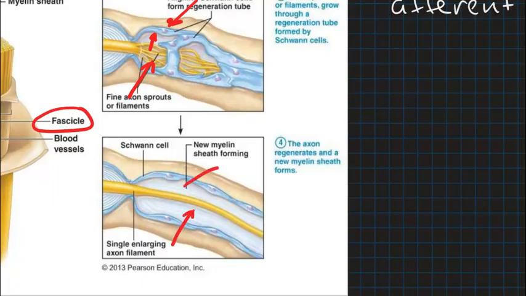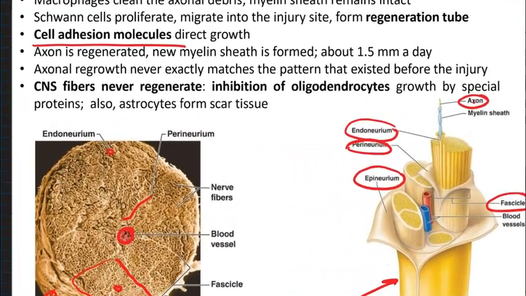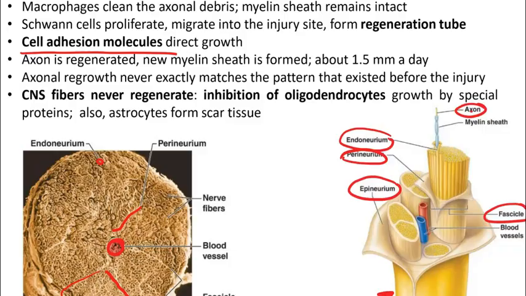It's myelinated, all hunky-dory, with one little but important feature. When the axon regrows, the pathway, the physical direction, does not match exactly the previous contacts.